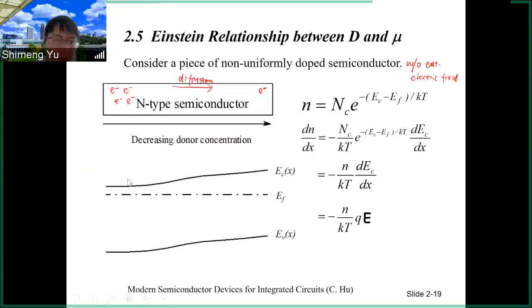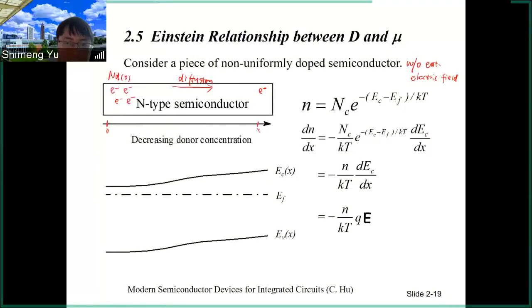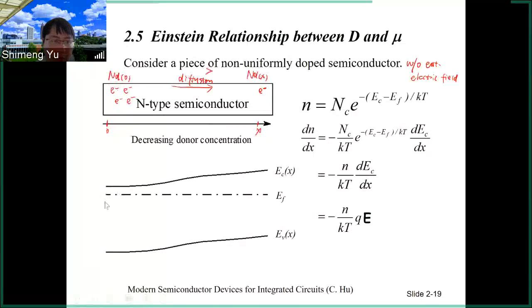And then we can consider this band diagram. So the left, you have the larger ND, right? Let's say this is 0, and this is your X. And this ND0 is larger than the ND(x). So you have more doping here. If you recall the last lecture, we talked about that the higher N-type doping, the EF is closer to the band edge EC.